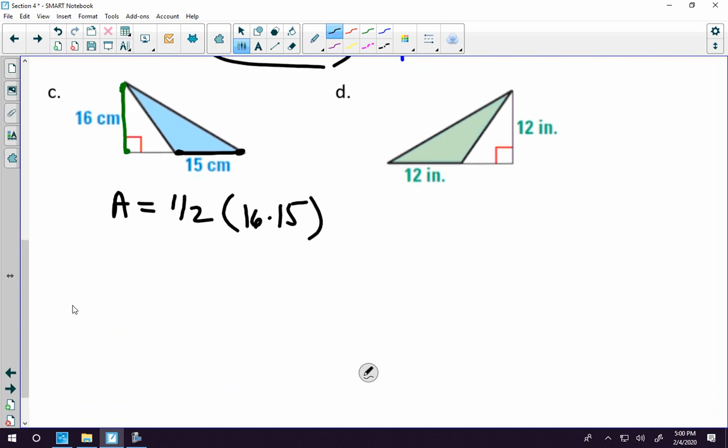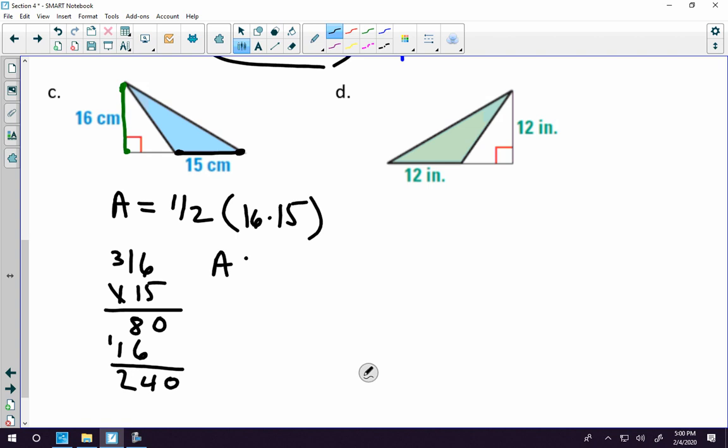We figure out what 16 times 15 is. 6 times 5 is 30. Carry the 3. 5 times 1 is 5 plus 3, 8. 6 times 1 is 6. 1 times 1 is 1. Add 0. 14. 4 carry the 1. 240.